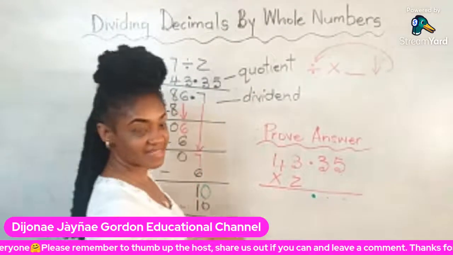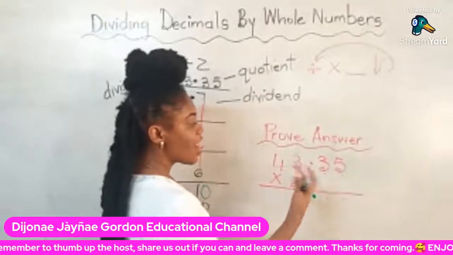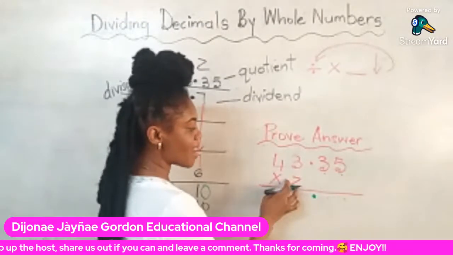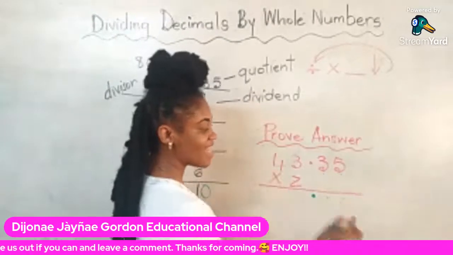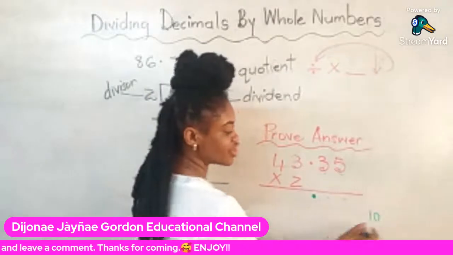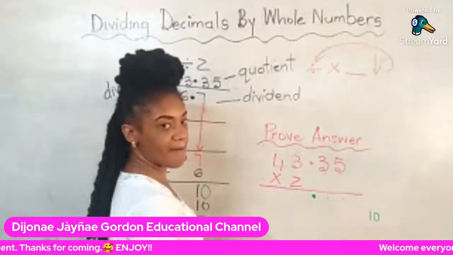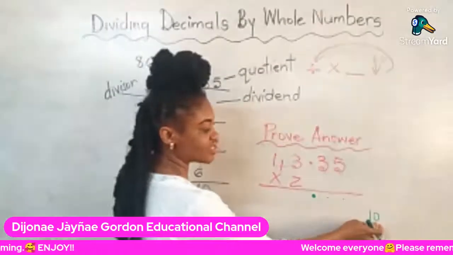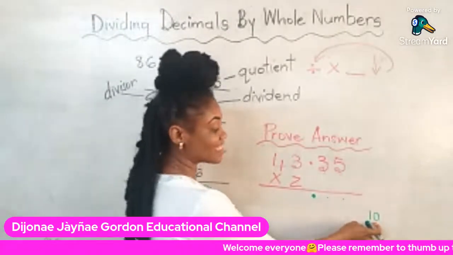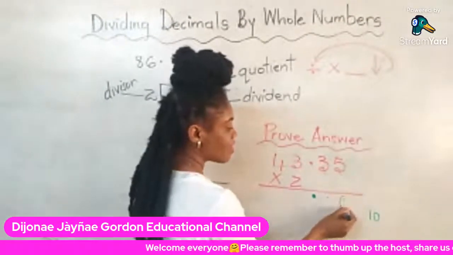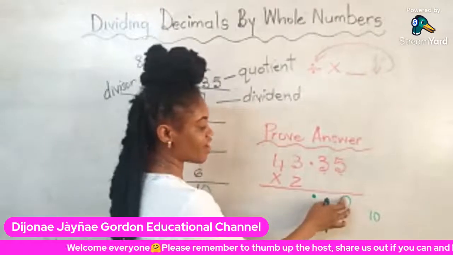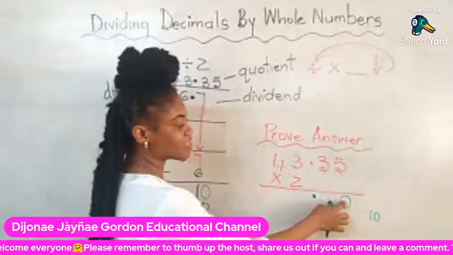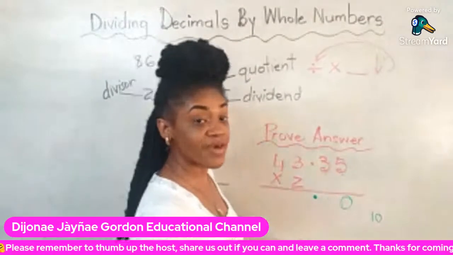Look at this. So now I'm going to say 5 multiplied by 2 is 10. And of course, 10 is a 2-digit number. What I'm going to be doing is that I'm going to put down the digit that is in the ones place. And I'm going to put my first digit over here, where I put my dot at the hundredths place.